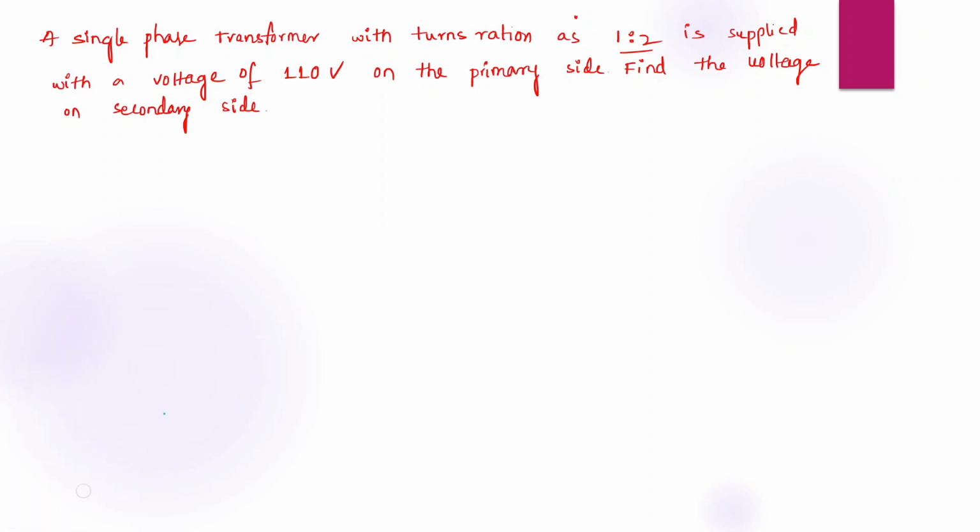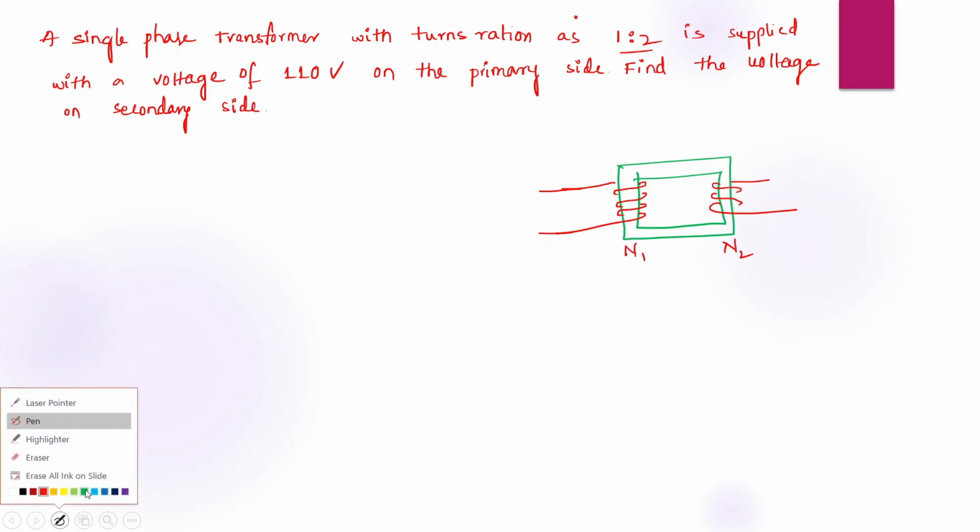Let us draw a transformer. This is a transformer core. Let us draw windings on the transformer. This is the primary winding, this is the secondary winding. N1 are the turns on the primary, N2 are the turns on the secondary. So what is the given data?